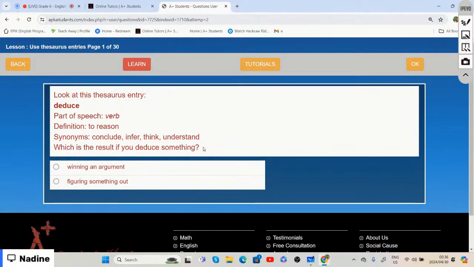Remember, we said that the synonyms are infer, think, or understand. So, what do you think would be a synonym of the word deduce?